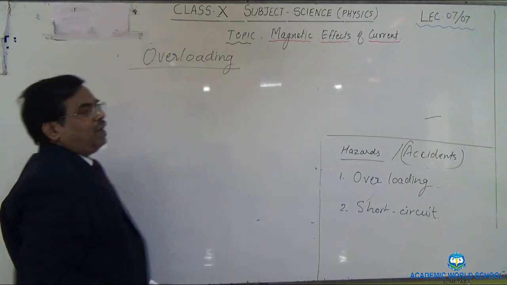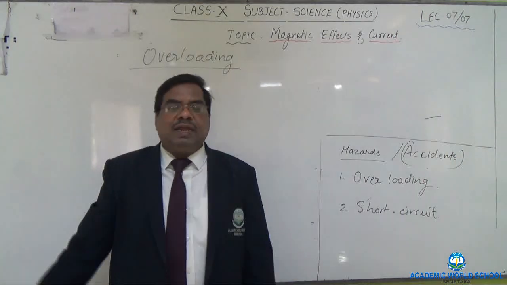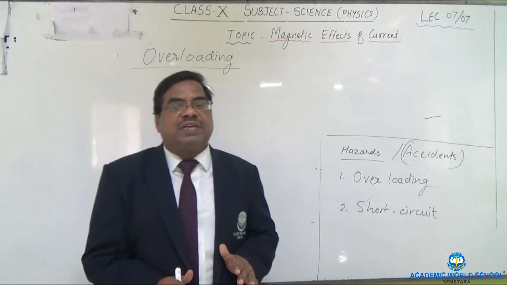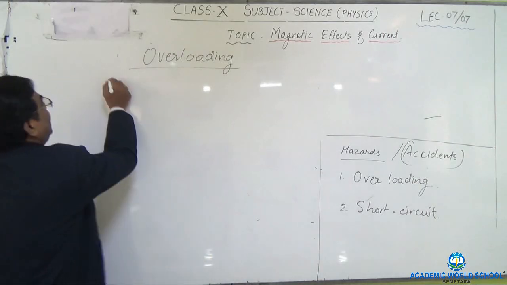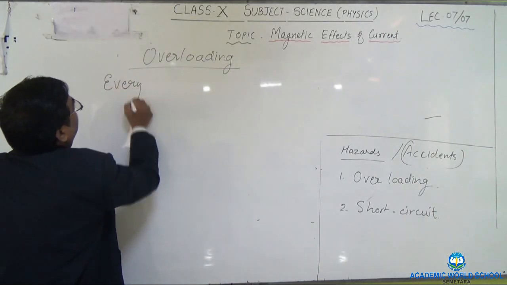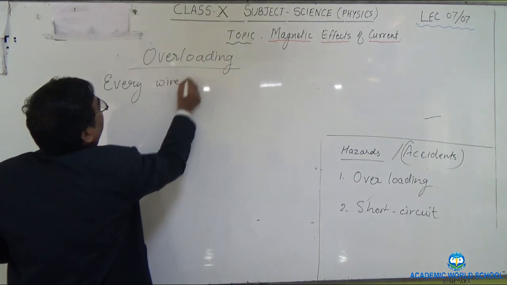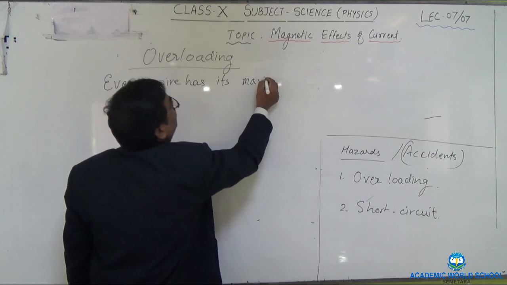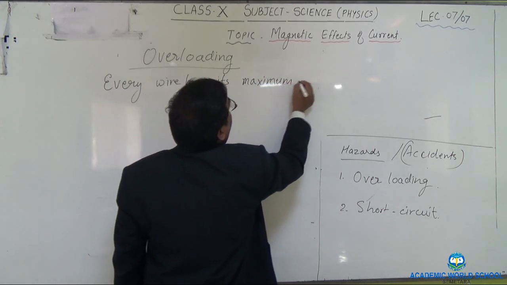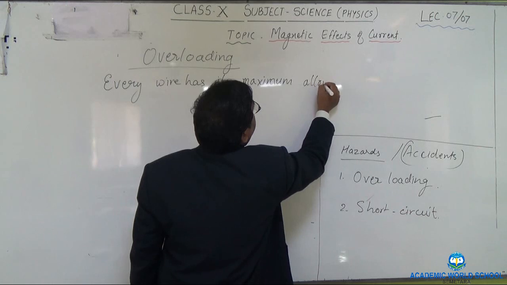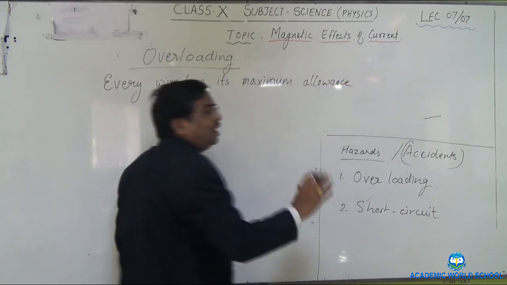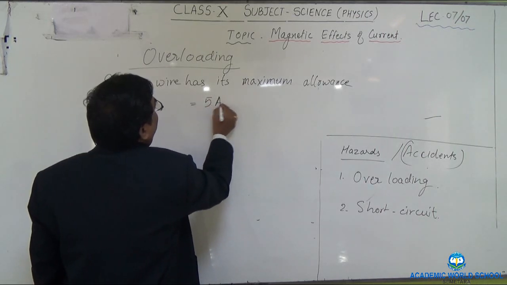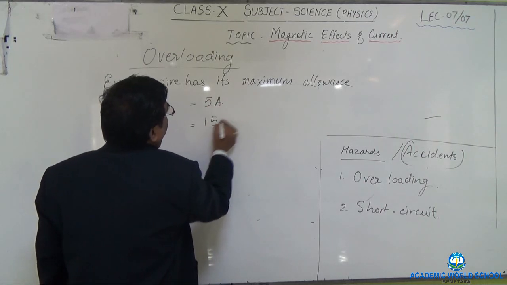In our home, every wire that we use has a maximum permissible amount of current which can flow through it. Every wire has its maximum allowance. There are two kinds of wire that we normally use, 5 ampere and 15 ampere.